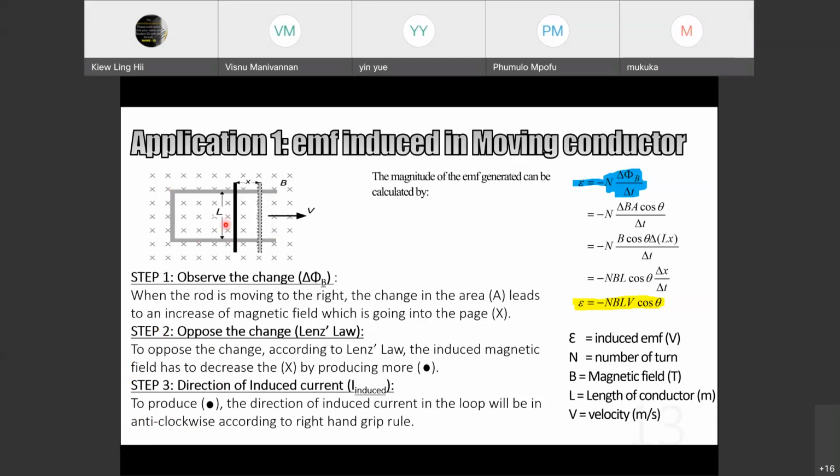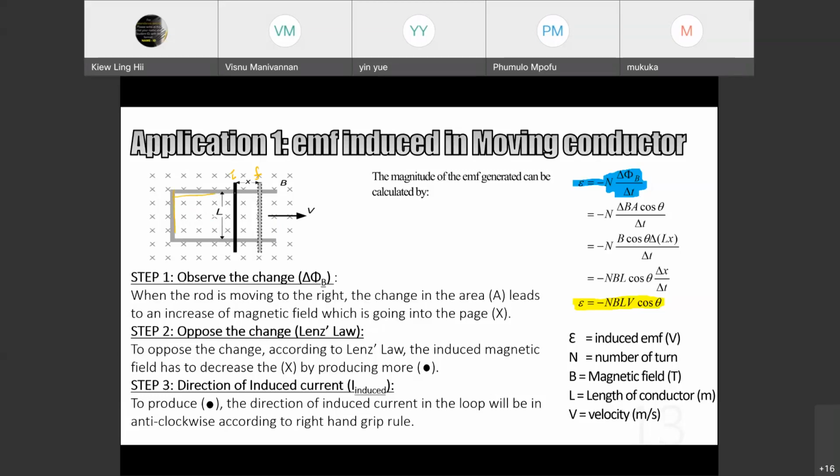When you move the rod, the area of the coil will change, right? Let's say the rod is now moving to the right like this, initial position and final position. This is the initial area.